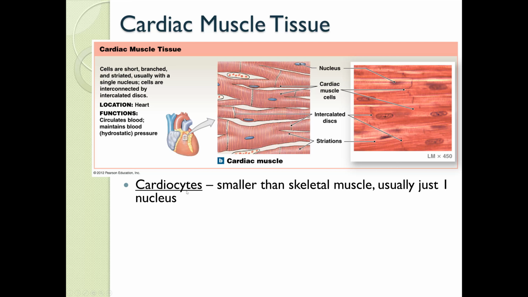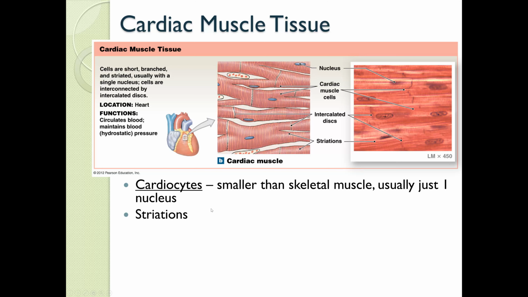Cardiocytes are the names for the cardiac muscle cells, and they are much smaller than skeletal muscle cells, so we don't call them cardiac fibers, we just call them cardiocytes. There is usually just one nucleus per cell because they are much smaller, so they don't need to spread their protein production around a huge cell.